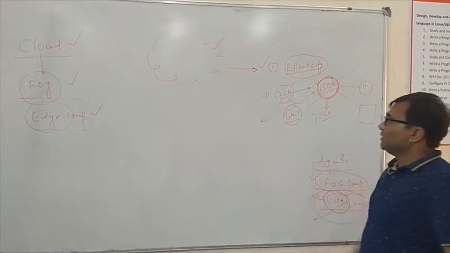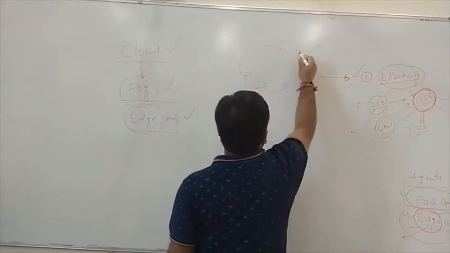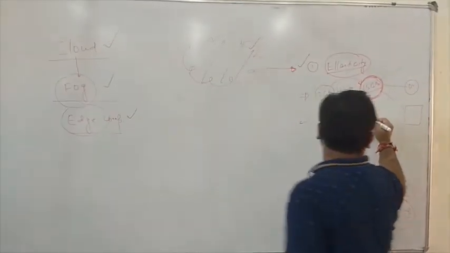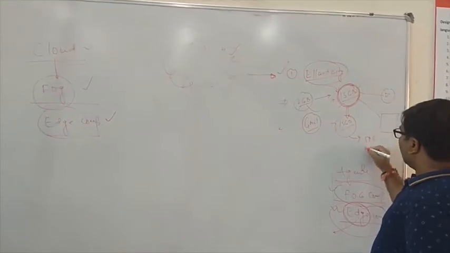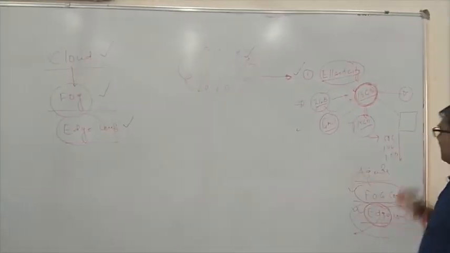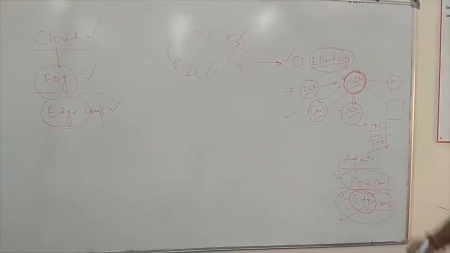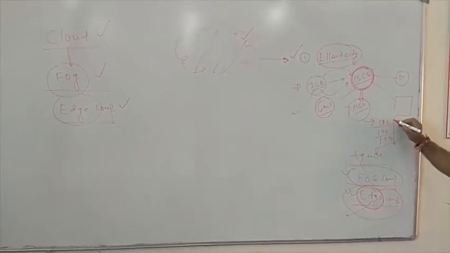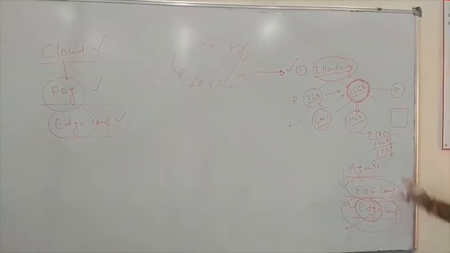So what will you do? Google provides the cloud service, right? You can expand this memory to 50 GB, 100 GB, 1 TB. On the basis of requirement, you can increase your storage.